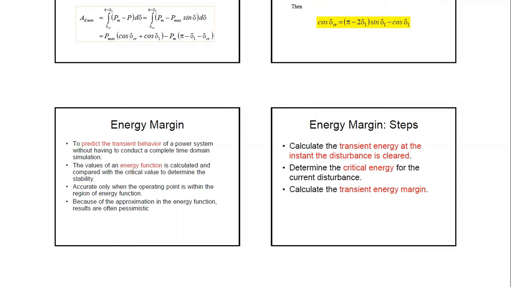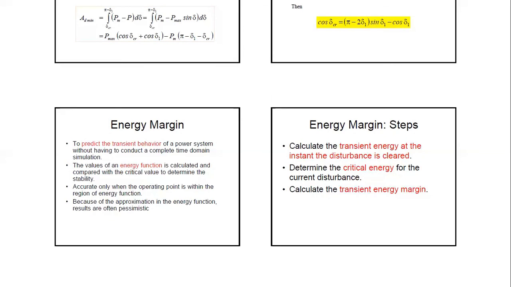Because of the approximation in the energy function, results are often pessimistic. Before implementing the actual system, we need to predict the transient behavior of the power system in time domain simulation, where we can find out the critical values of different parameters by which we can determine what are the limits of the system stability.